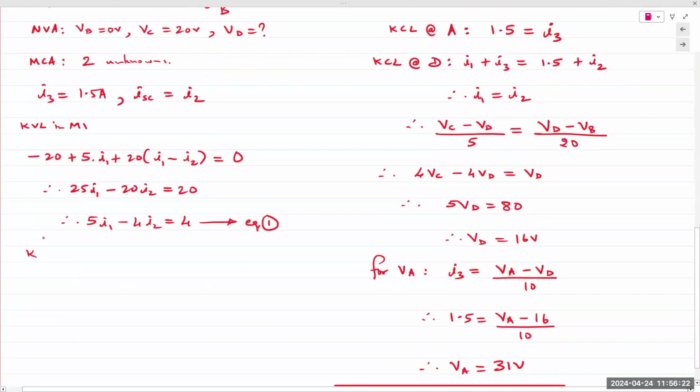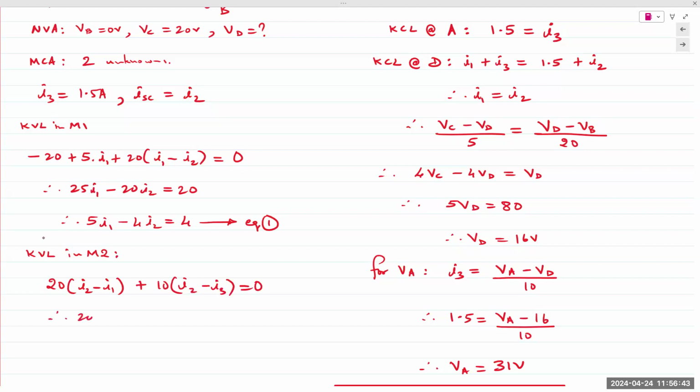Apply KVL in mesh 2. I only have two components: 20 times I2 minus I1. Now I'm in mesh 2, so I2 is positive. The other currents outside of mesh 2 are negative.